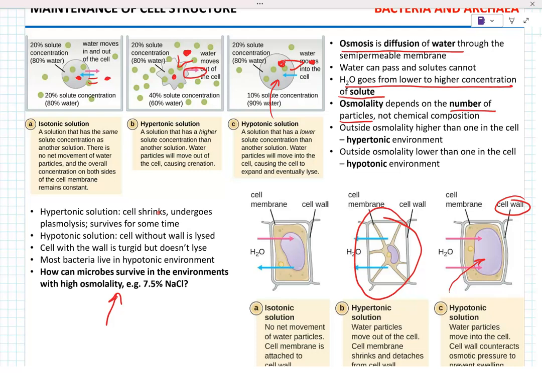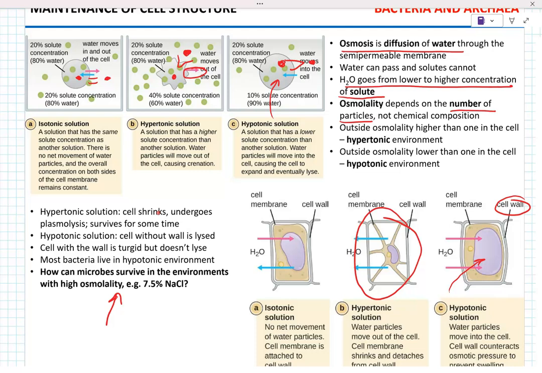Of course, they have adapted, but how? They somehow ignore the osmolarity. You can't ignore the osmolarity. It's like ignoring gravity. You can do it, but just once.